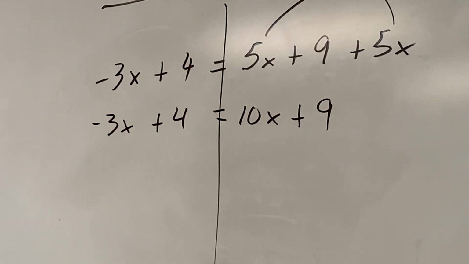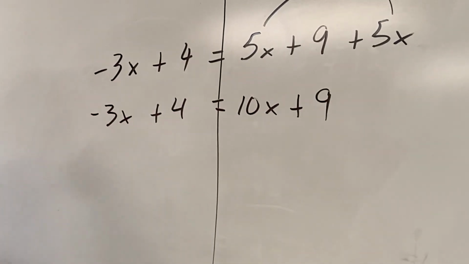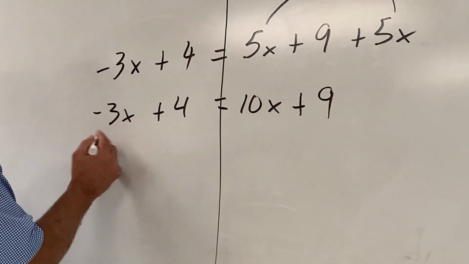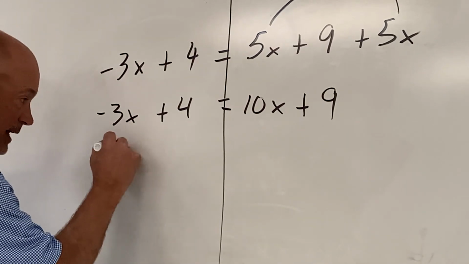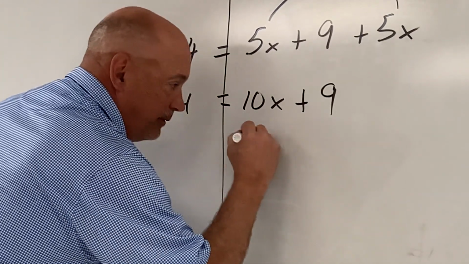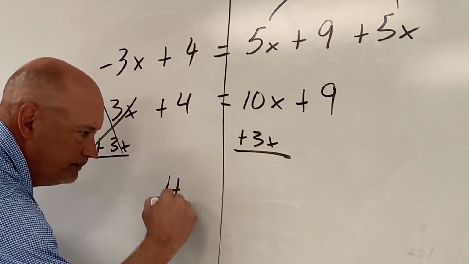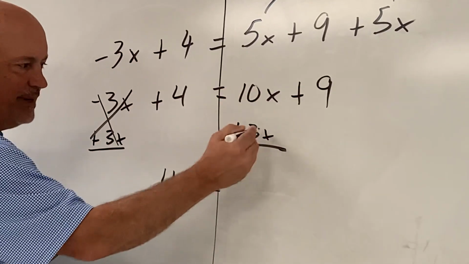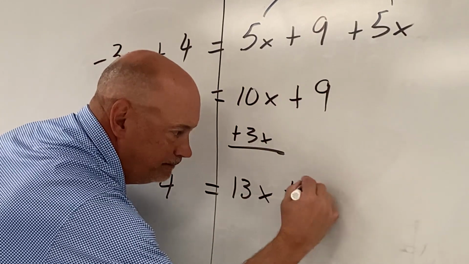All right. Alex, which variable is smaller, 10 or negative 3? Negative 3. Okay, let's move it. How do we move it? Plus 3x, I agree. Add 3x. So we got 4 over here. What's 10x plus 3x? 13x. And bring down the plus 9.